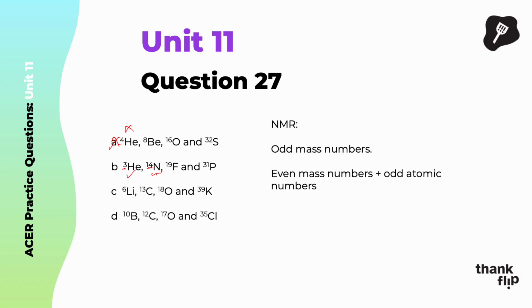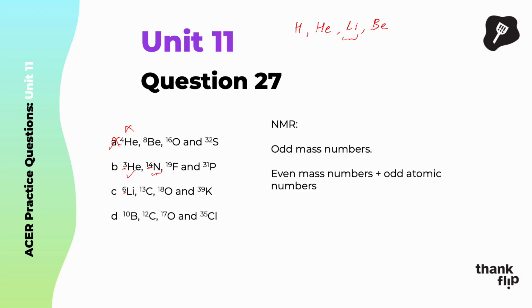Then we have these here, 6, which is even, for lithium. This is the order of the periodic table, the first few. So lithium has an odd atomic number.